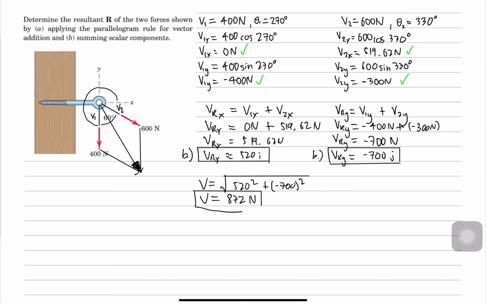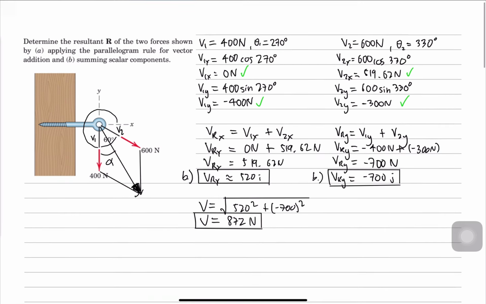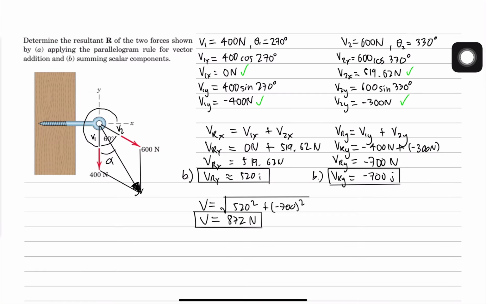But we're not done yet. We need to find the angle here, which I'm going to label as alpha. In order to find the angle alpha, we need to take the inverse tangent of 519.62 and negative 700.